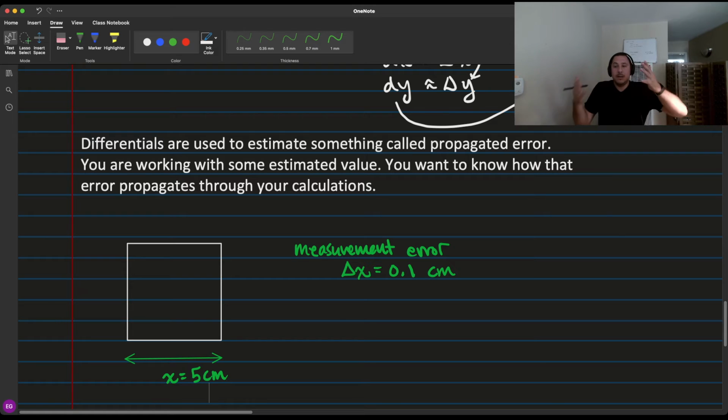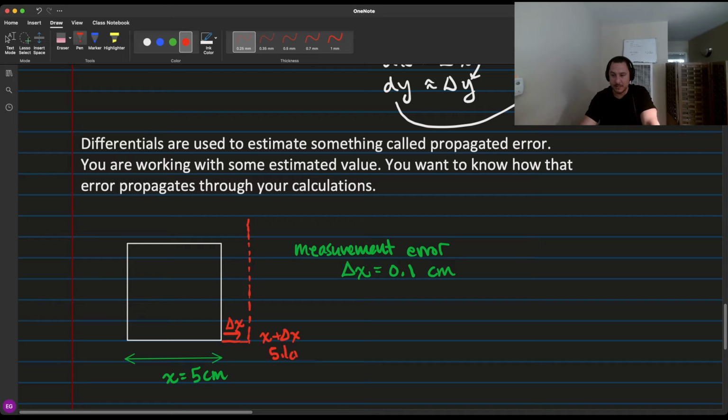Now, because you have a measurement error of 0.1, what might actually be the true length of the side? Exactly. So the idea here is that the actual length might be x plus delta x, which would be 5.1 centimeters.